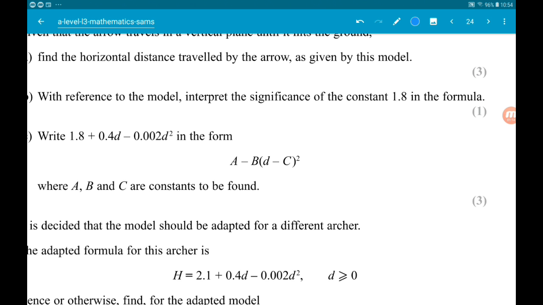So I've already said that when d is equal to 0, so when the archer is holding the arrow, you would just get h equals 1.8. So the 1.8 is the initial height of the arrow when the archer is holding it.